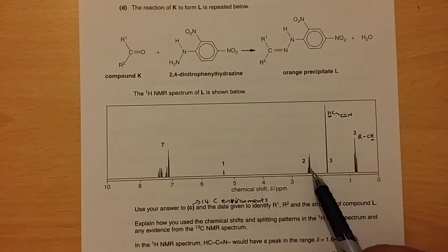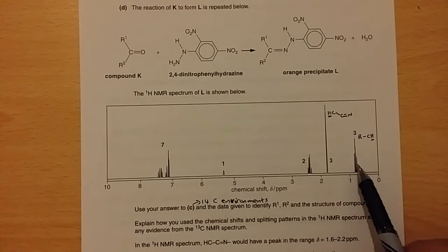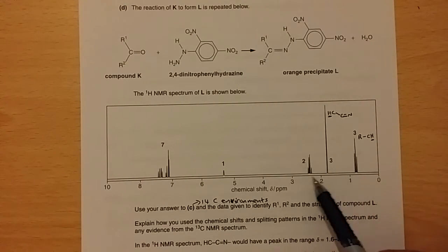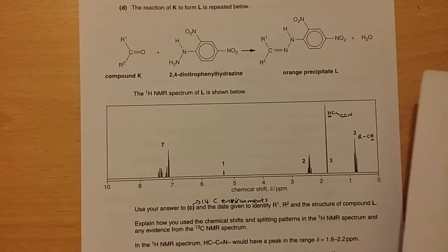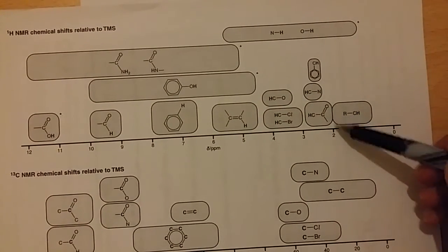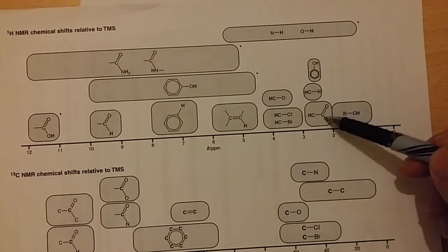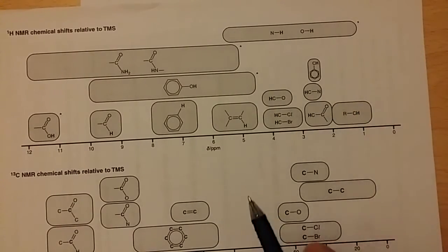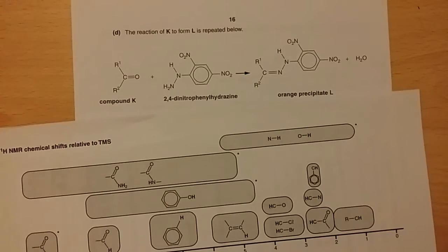So where you see triplets and quartets, it tends to mean you've got a CH3 and a CH2. Right, but what's the CH2 attached to? Again, look at your data sheet. It comes almost close to 2.5. So either it's an H on a carbon attached to a carbonyl, or an H on a carbon attached to an N.